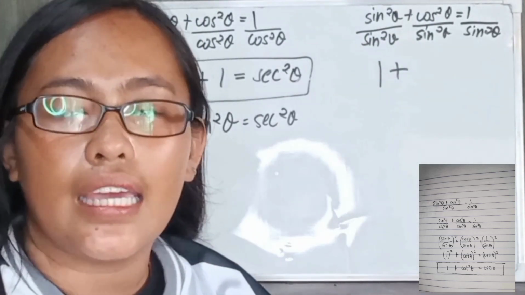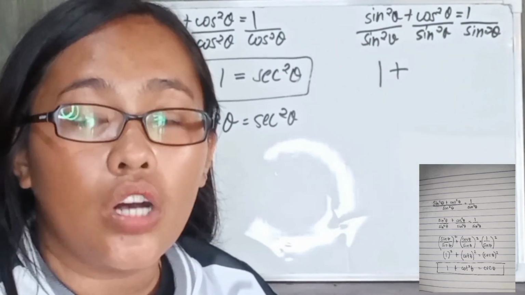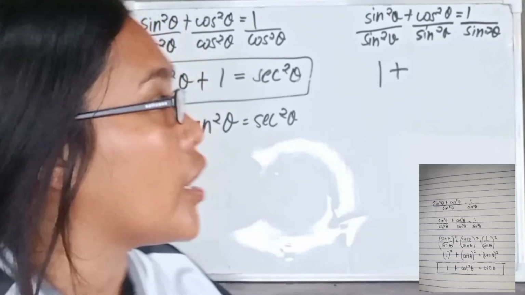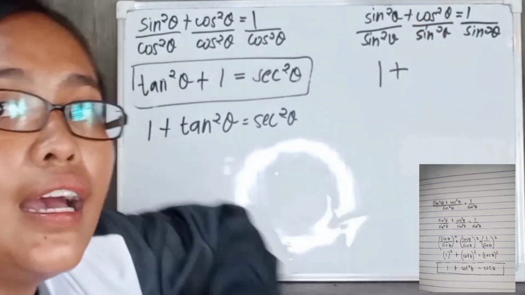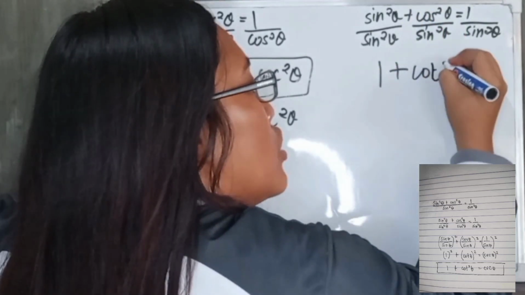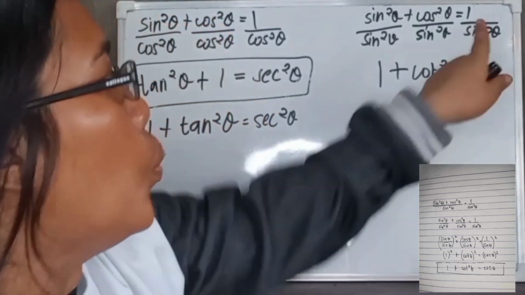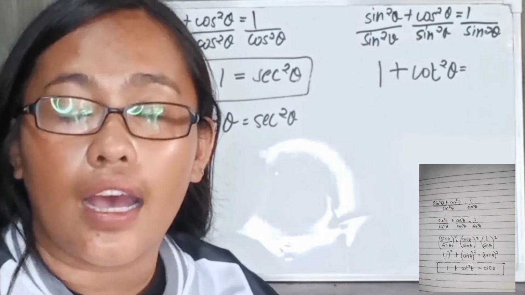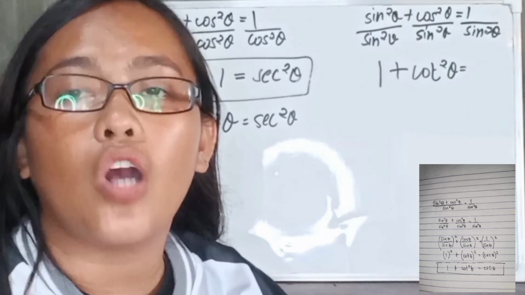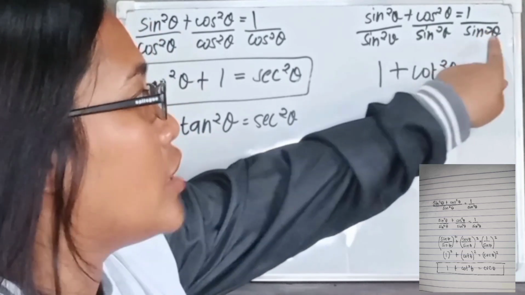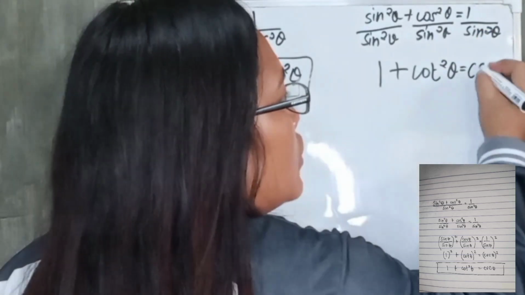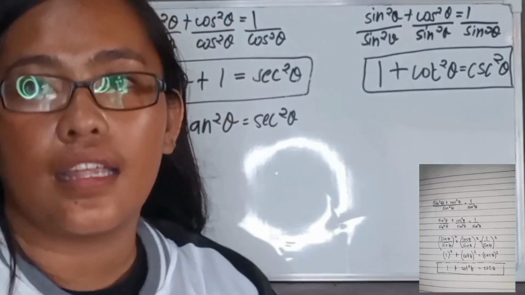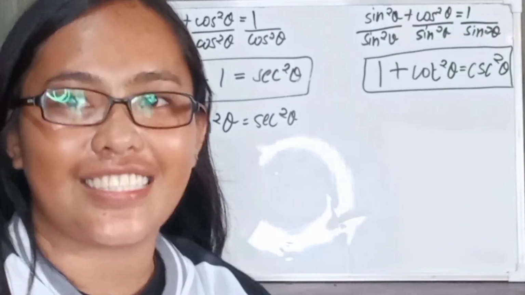Remember that in quotient identities, cosine theta over sine theta is equal to cotangent theta. Therefore, cosine squared theta over sine squared theta is equal to cotangent squared theta. And 1 over sine theta is equal to cosecant theta. Therefore, 1 over sine squared theta is equal to cosecant squared theta.